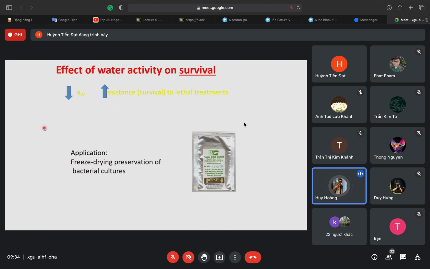We apply low pressure to evaporate the water at very low temperature from the ice form. Low pressure in the vacuum. Yes, high vacuum, low pressure.